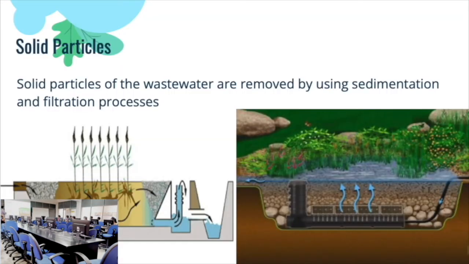When it comes to the solid particles of the wastewater, they are mainly removed by sedimentation and filtration processes. When we are designing a wetland, we have an inlet and outlet zone. The inlet zone is focused on filtration, and the outlet zone is for sedimentation.